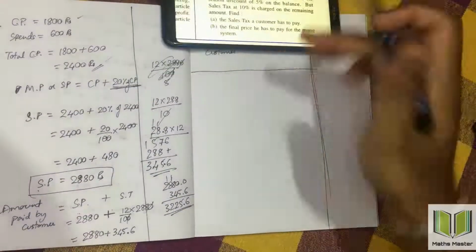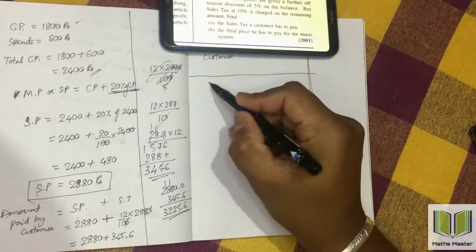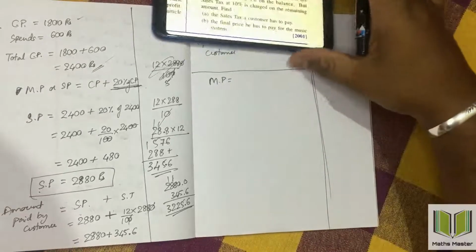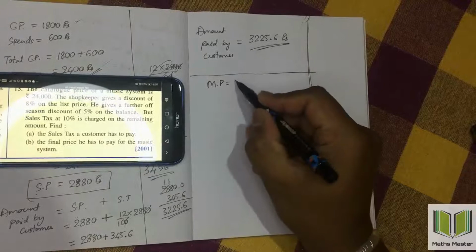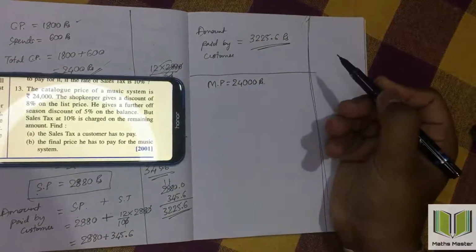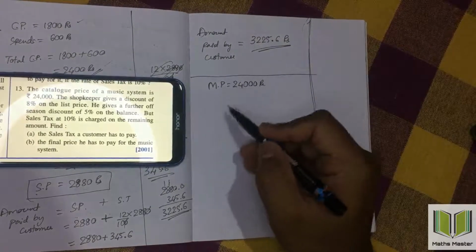Let's try doing it. The catalog price of a music system is 24,000 rupees. That means the catalog price is nothing but quoted price or market price or listed price or whatever we call it. So market price is equal to 24,000 rupees. The shopkeeper gives a discount of 8% on it.